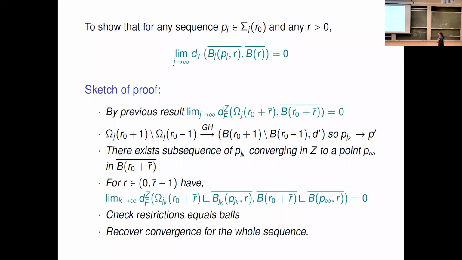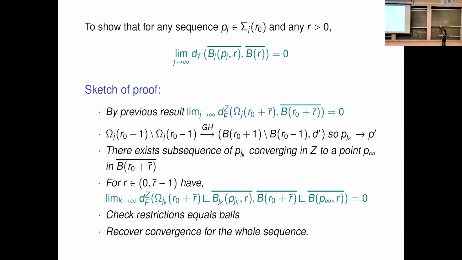And what we are going to do is now take these big regions that we know converge, and then intersect them with the small balls. And this is going to converge in the intrinsic flat sense to 0, because we already had convergence of the big regions. Now we want to make sure that this intersection is actually a Euclidean ball, because it could be that we have this type of picture.